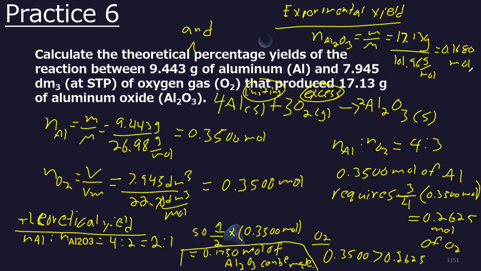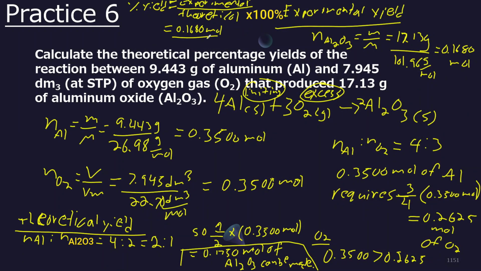So final answer, try to do on the top left here, percent yield equals experimental, or sometimes called actual, divided by theoretical. And so this is equal to 0.168 mole divided by theoretical at the very bottom, 0.175.